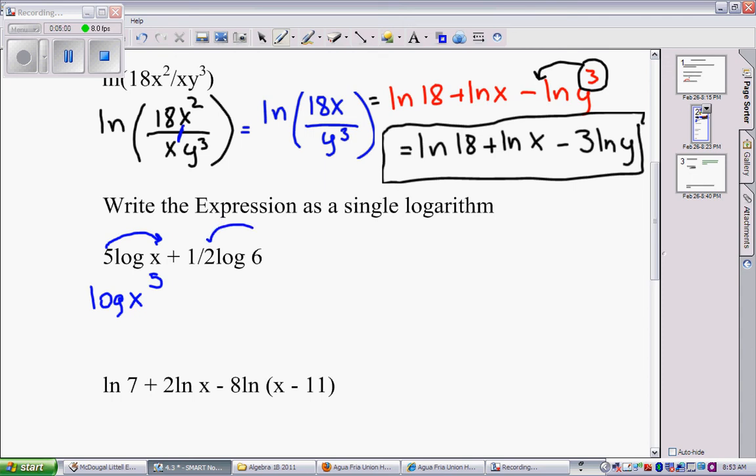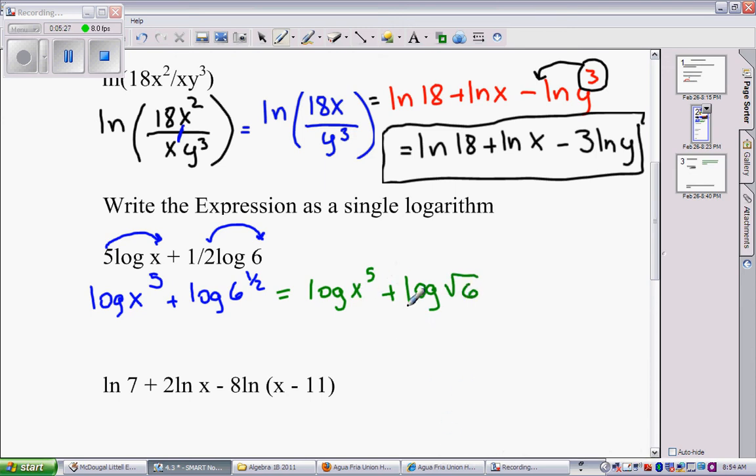The 1/2 goes back up, so plus log 6 to the 1/2. But we express 1/2 as a square root. So you've got log of x to the 5th plus log of root 6.